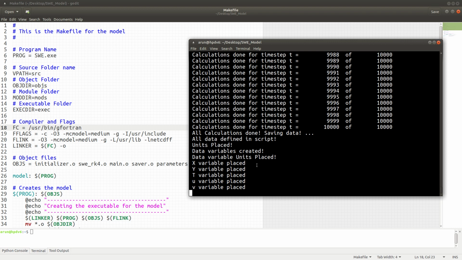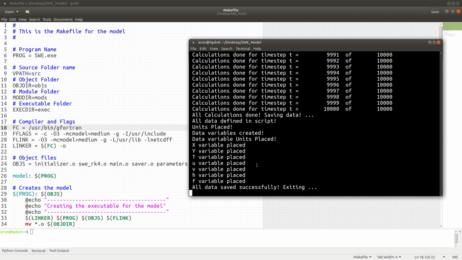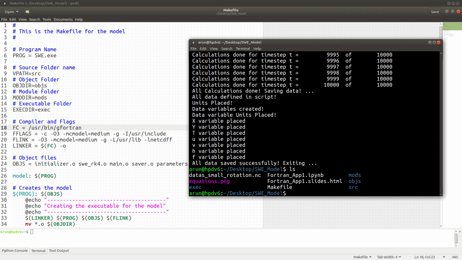That's v. I think we have 2 more to go. And there we go, done. Now if you list it out, you will see that there is a file called data_small_rotation, and that file is ready.